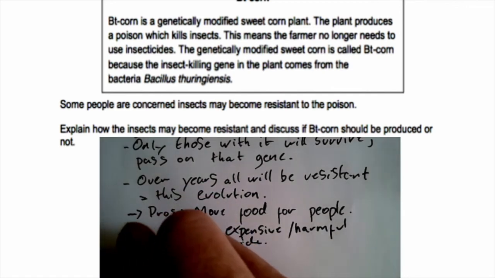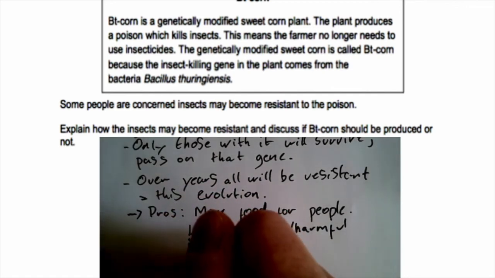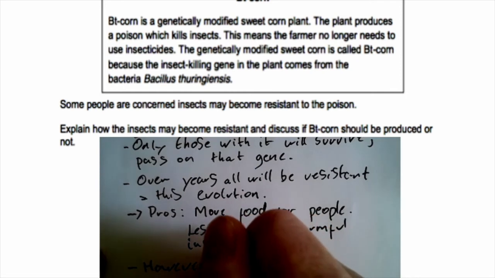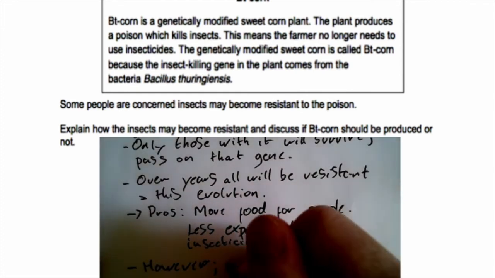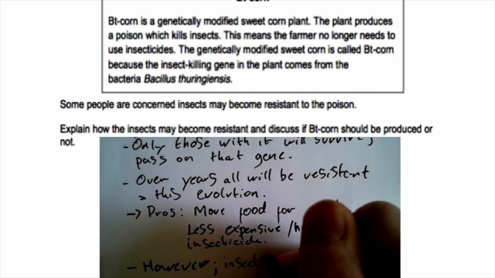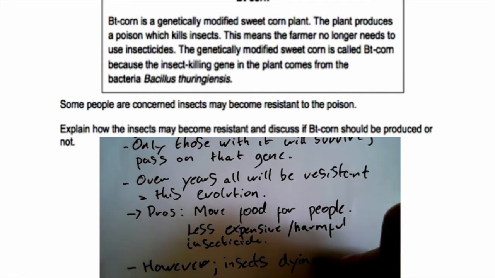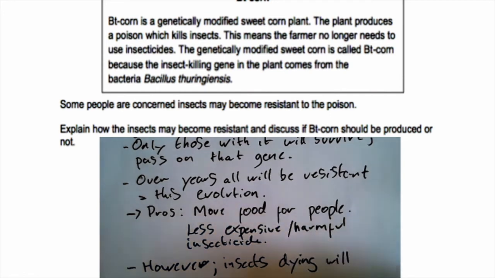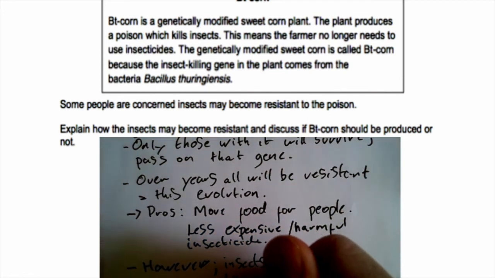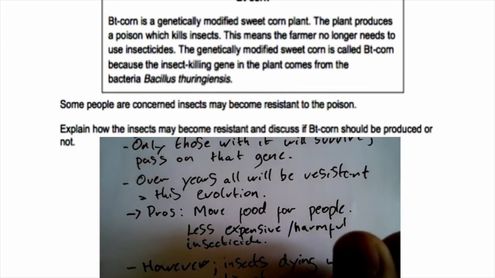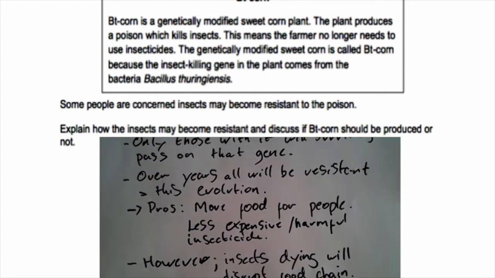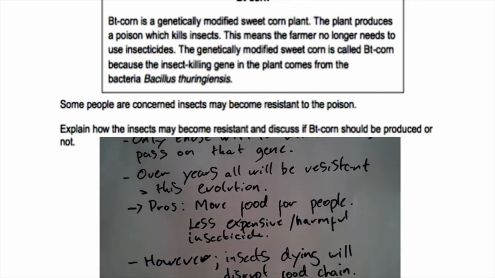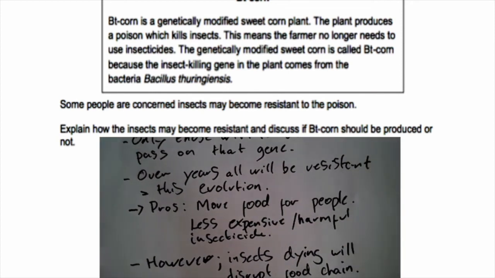However, we need to be saying at least a negative when it says discuss like this. However, the big problem with this will be that insects dying will disrupt the food chain. You could talk about any of the negatives we've just looked at, but that's the one that goes nicely here, I think.